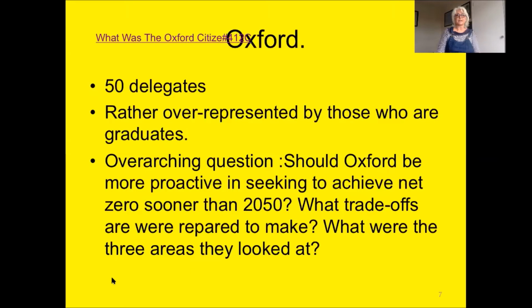Sometimes when you have these assemblies, you get some really incredible ideas that nobody's thought of before. 80% of those taking part saw it as a way to do democracy differently. And the council response was they will set a climate emergency budget that commits over £1 million additional operational funding.